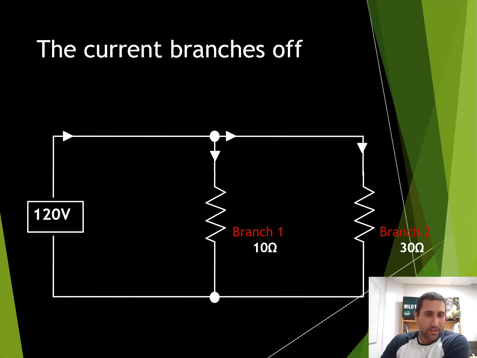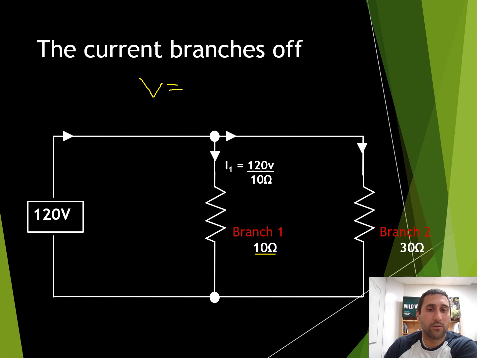So once again, another example. If we've got branch 1 and we're trying to find the current through that branch, we know that the voltage is 120 and the resistance is 10. So we're going to use Ohm's law.